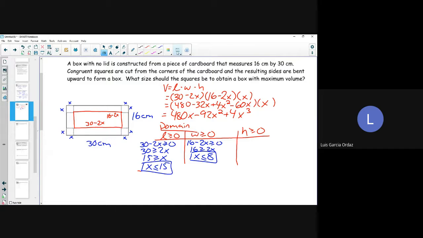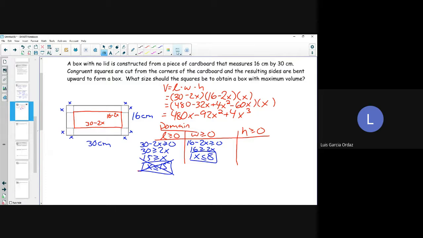So what happens when I have x's between 15 and 8? What does my width become, positive or negative? If I sub in 15 for x in 16 minus 2x, what do I get, a positive or a negative measurement? A negative. So I cannot use x is less than or equal to 15 because my width is going to produce a negative number.